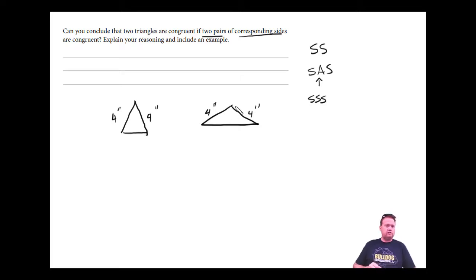So just knowing 2 sides isn't enough to conclude that 2 triangles are congruent. I either need to have this included angle right here, which if I knew this angle was congruent to this, then these 2 triangles would have to be congruent. And of course, this right here would be a lot more acute. Or you have to have a third side, because however long this side is right now is not the same as this big old long side down there. So no, 2 sides is not enough.